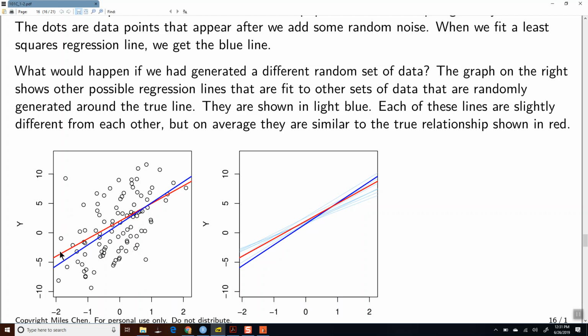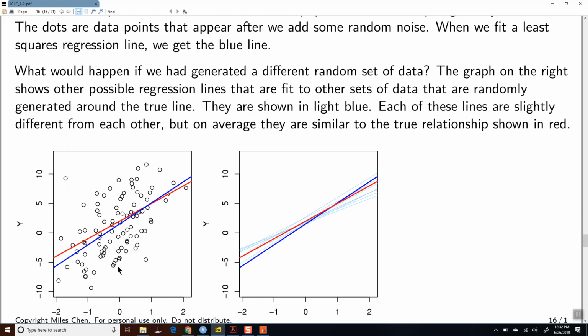So this is the true slope and true intercept of the relationship between x and y in the population. But there's random noise, and so these dots represent one random data set generated centered around this red line. The red line represents the true relationship, and the dots are just one random realization.